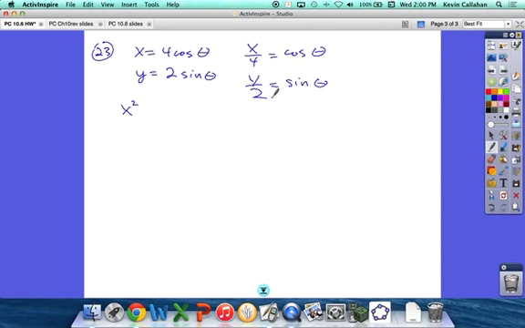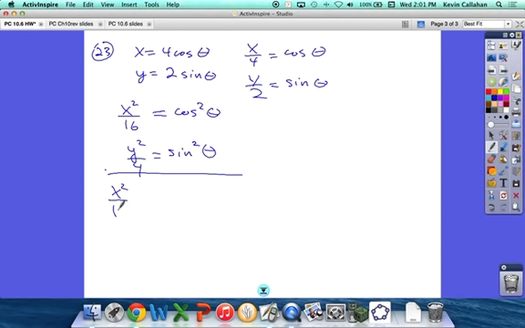Okay, so x squared over 16 equals cosine squared. Y squared over 4 equals sine squared. Right? Add them up. X squared over 16 plus y squared over 4 equals sine squared plus cosine squared equals 1.